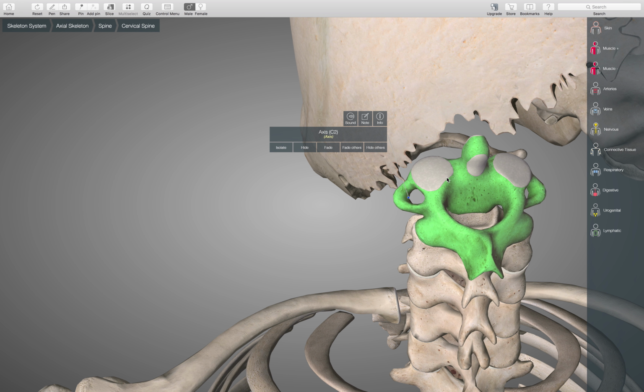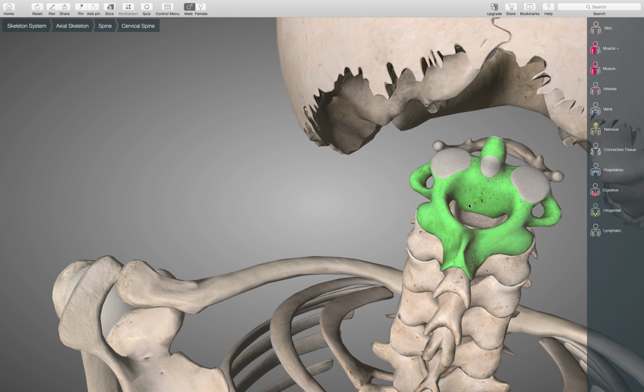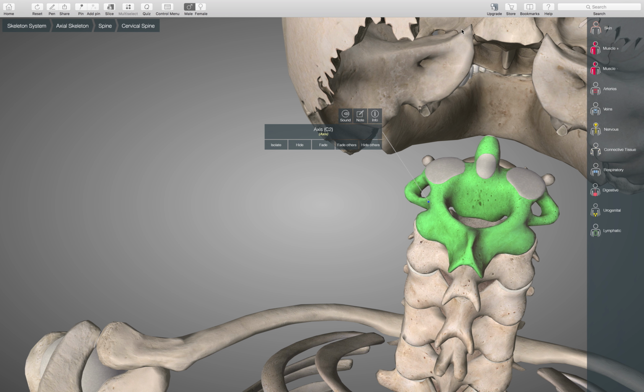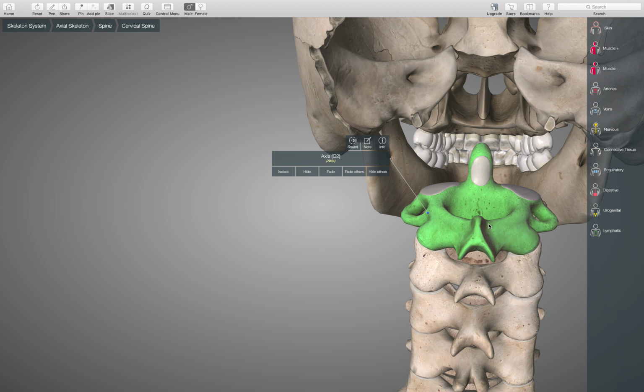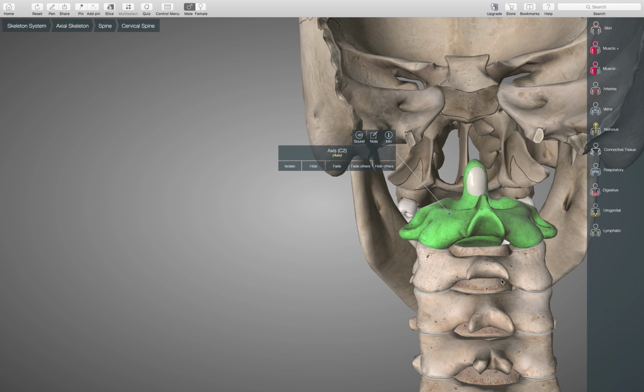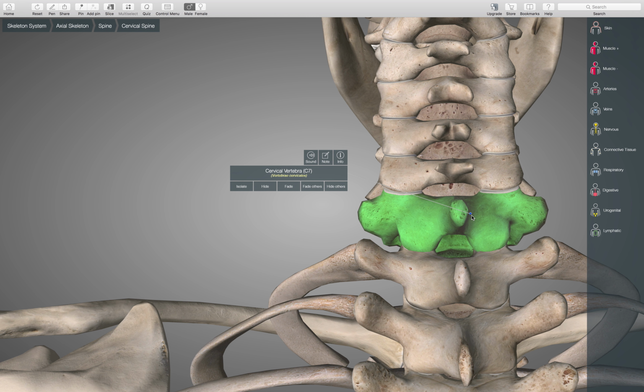These holes allow blood vessels to penetrate through and supply nutrition and oxygen to the brain, or transport waste out of the brain. Then there are the other cervical vertebral bones. There are seven of them.